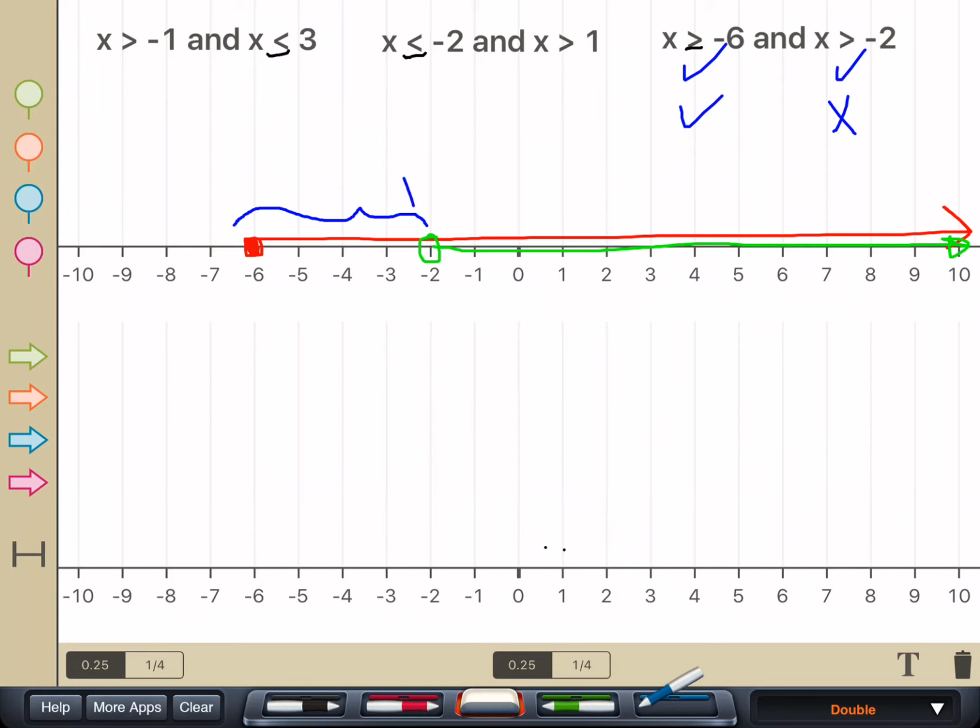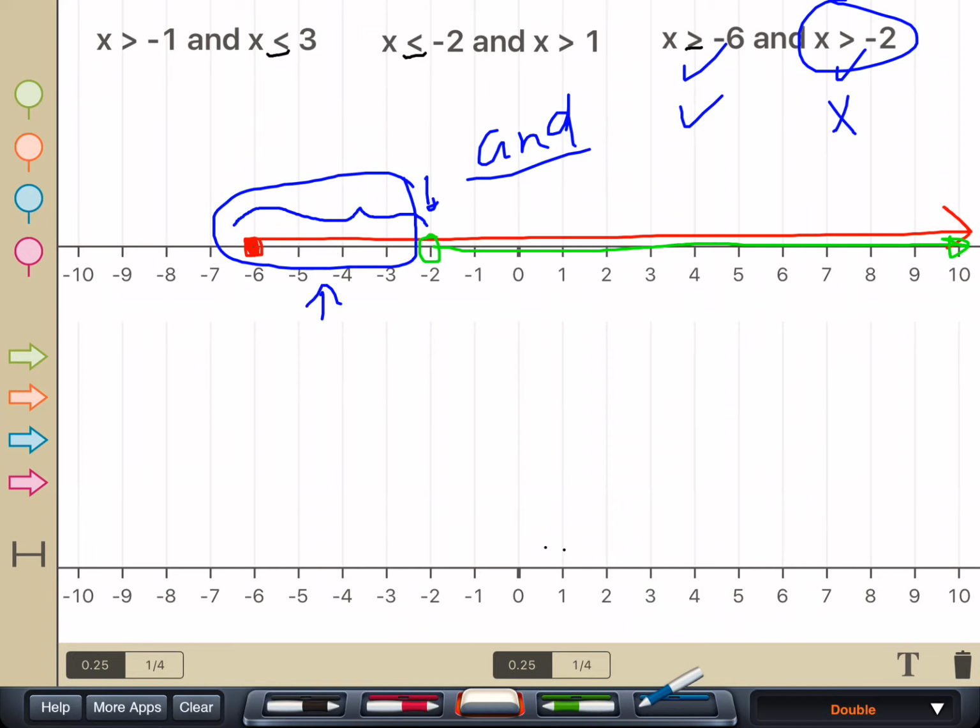These values here are less than, and in this case equal to, negative 2. So they will not work for this inequality. Because this is an AND compound inequality, we cannot include these values in our inequality.